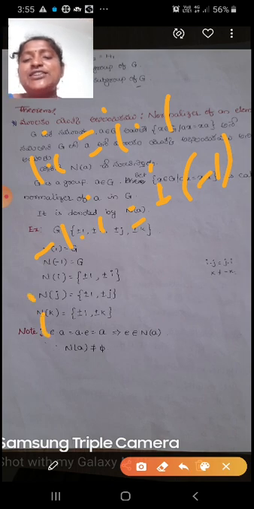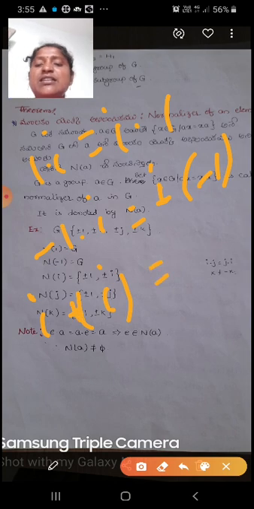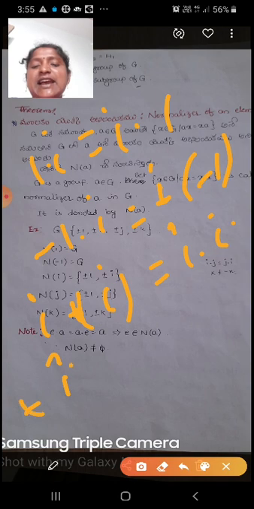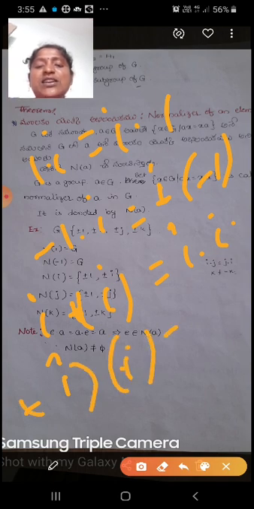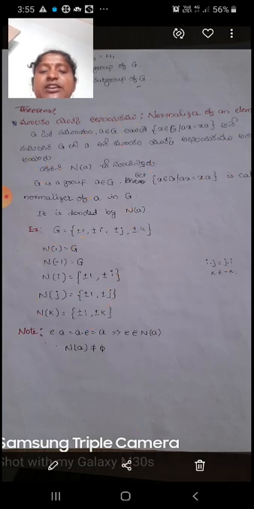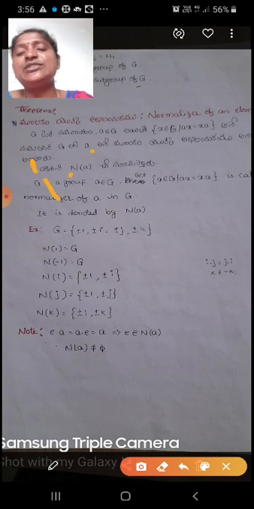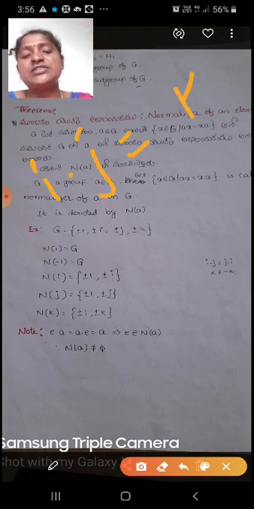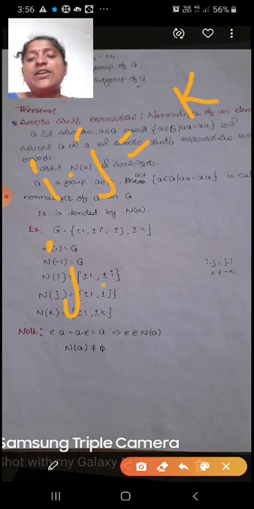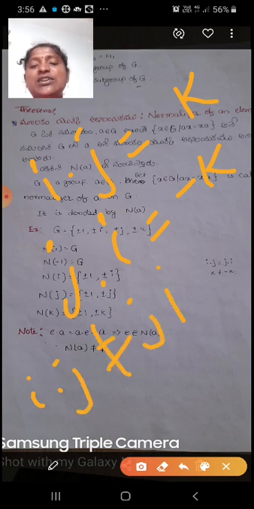Suppose I into I equals I into I, and minus I into I equals I into minus I. So here both are equal. Now if we take J, I into J equals K, whereas J into I equals minus K. So I into J is not equal to J into I.